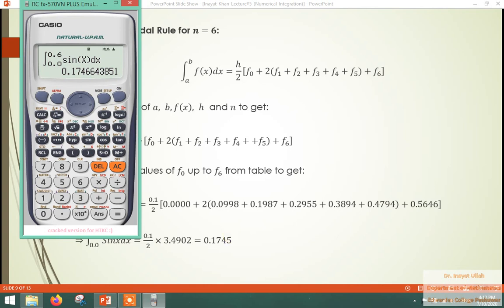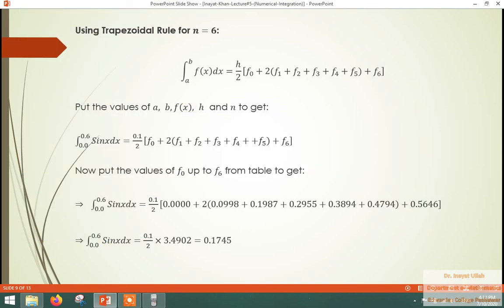So this value is not the exact value but an approximate value, so there is error in this value. Anyways, that is the approximate value of this integral with the help of trapezoidal rule. You see, this is trapezoidal rule.